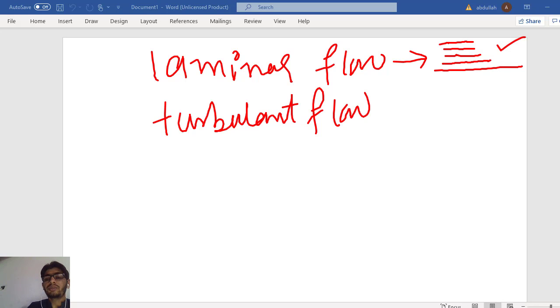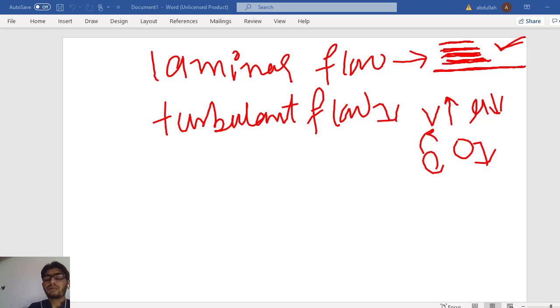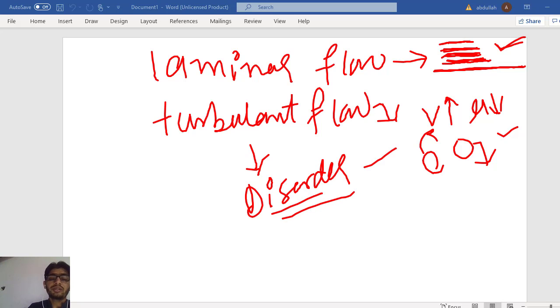Here the viscosity of the fluid is very high, and the arrangement of molecules is in a very highly ordered form. But in turbulent flow, the velocity of the fluid is very high, the viscosity of the fluid is very small, and the randomness of molecules is very high, so it is a highly disordered flow, which is called turbulent flow.